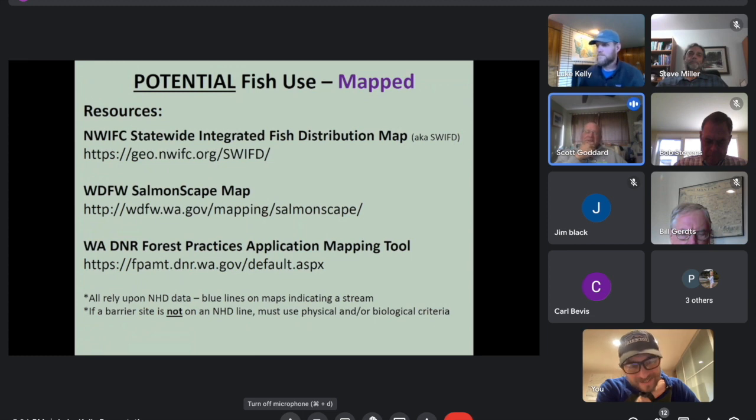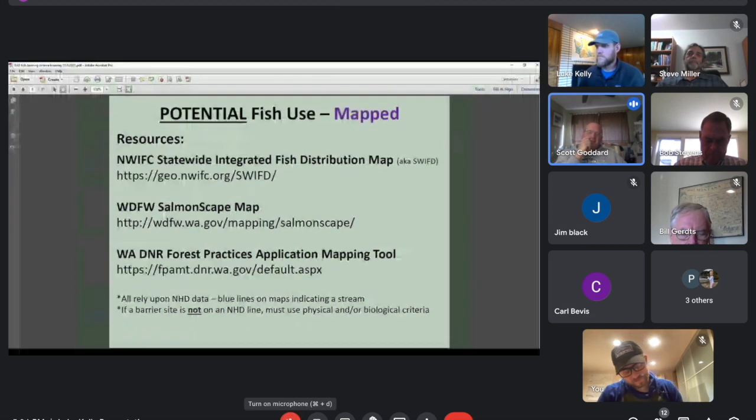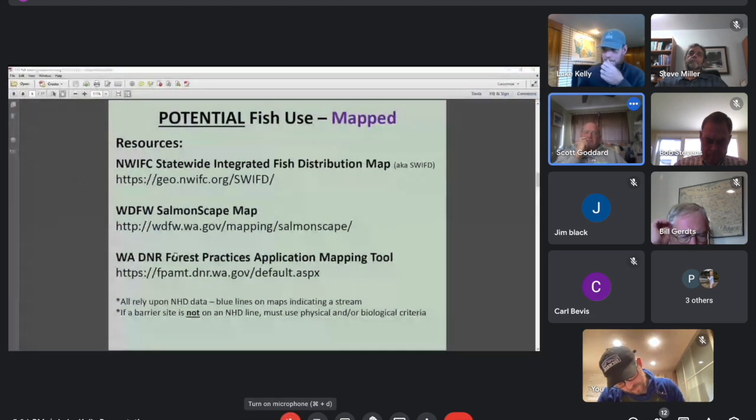I've been thinking about this. The question I have is, when I go to enter the data, I always look at the last information that was recorded for that culvert or site. Oftentimes it will say that it has fish use potential or not, and it'll give the criteria.